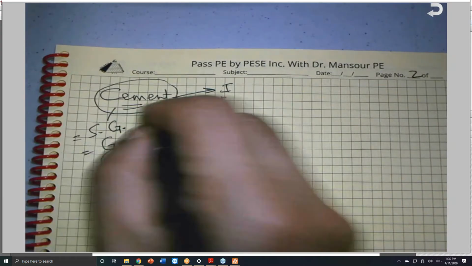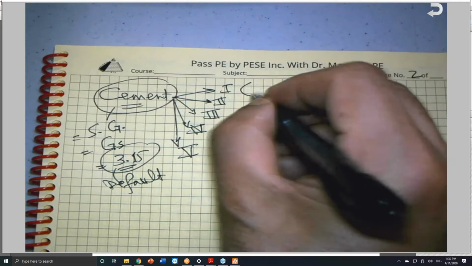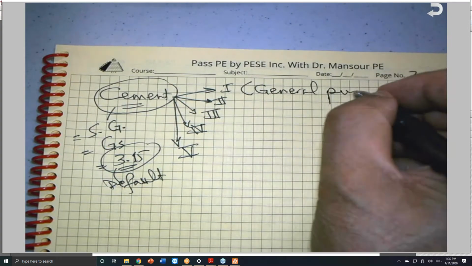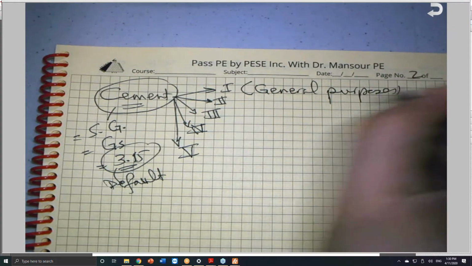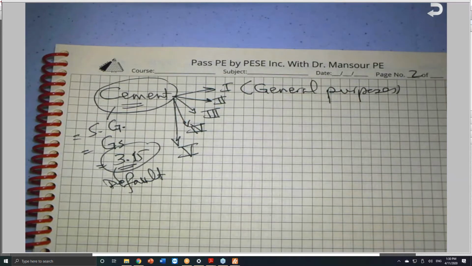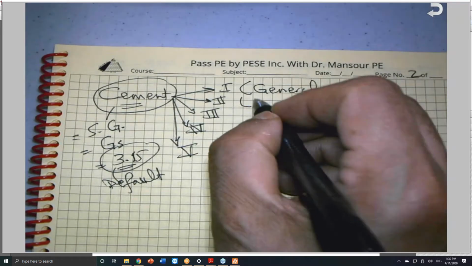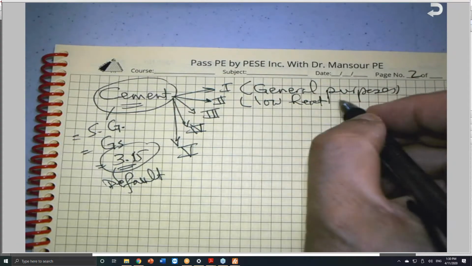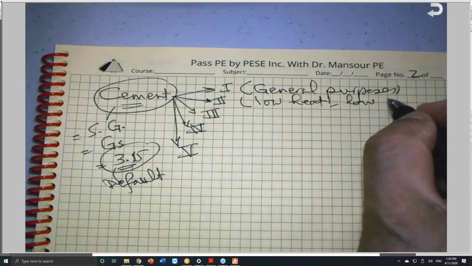Type 1 cement is for general purposes, where no special requirements are required. Type 2, we use it for low heat of hydration and moderate sulfate resistance.